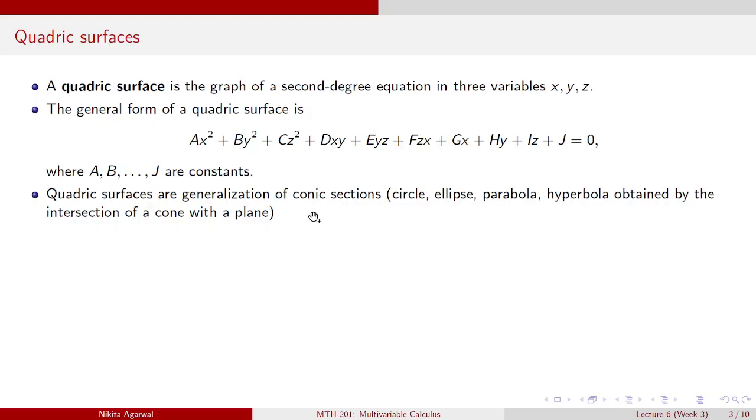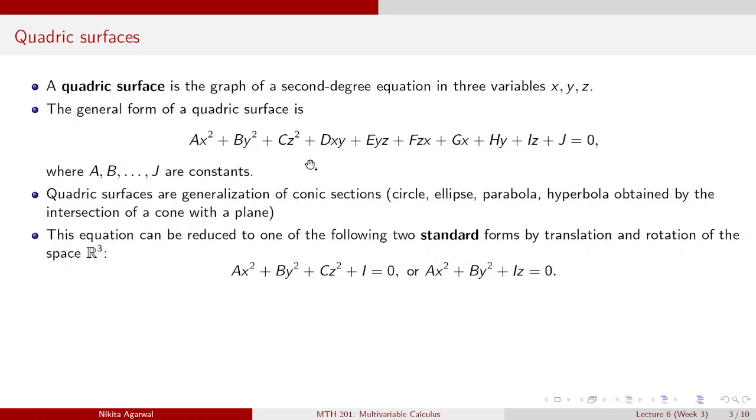That is why they are called conic sections. All these conic sections are in R2, we draw them in a plane, whereas we draw a quadric surface in R3, in space, because there are three variables.